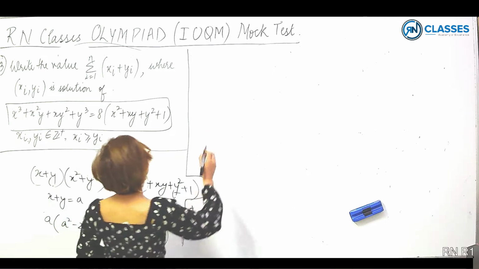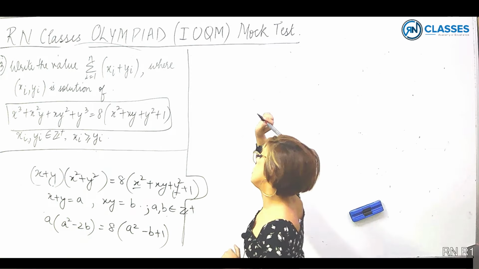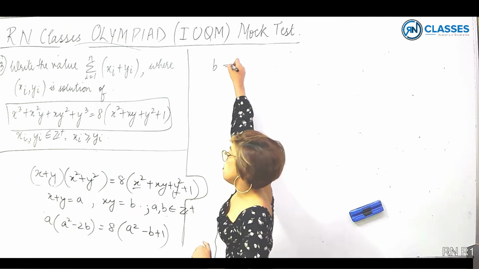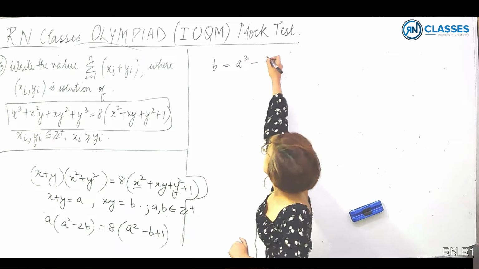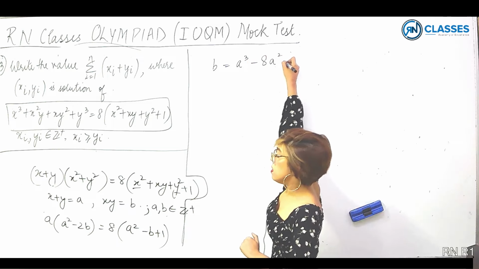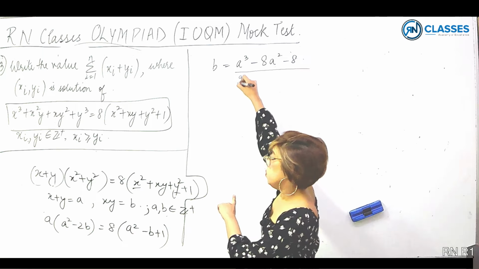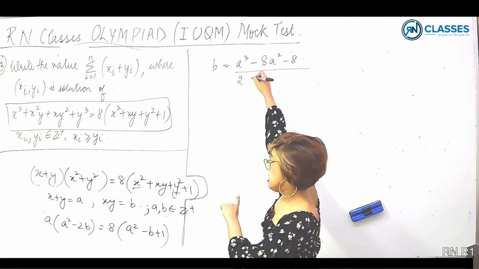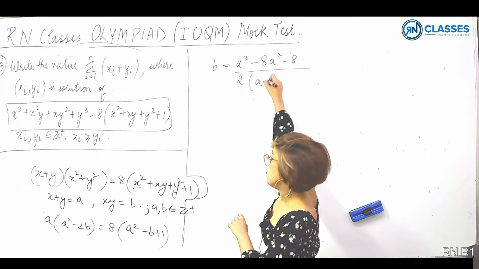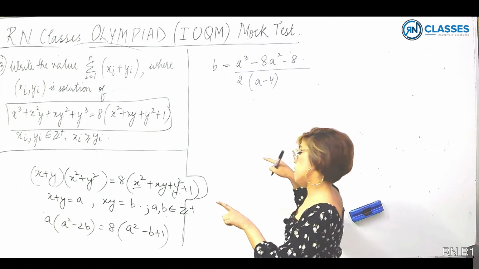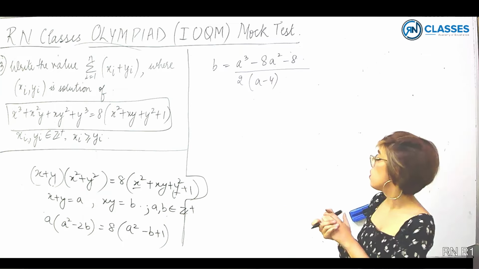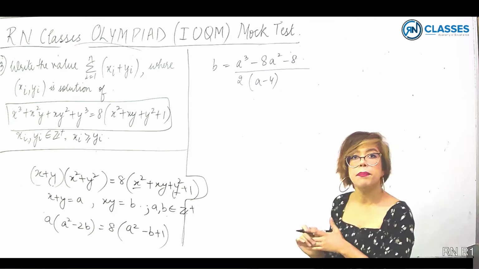So I can write my b as a cube minus 8a square minus 8 whole divided by 2 into a minus 4. Hopefully that is the one.